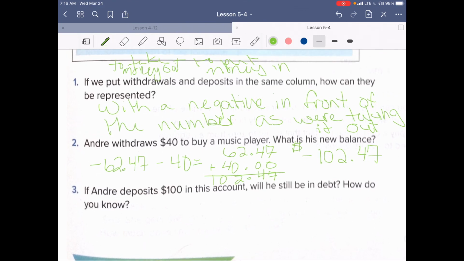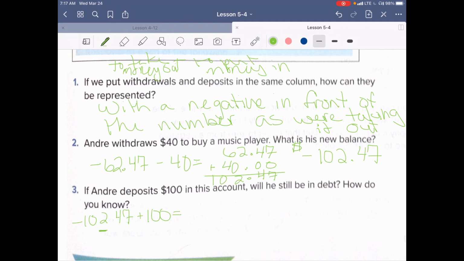If Andre deposits $100 in his account, will he still be in debt? How do you know? All right, welcome back. So if Andre deposits $100 in his account, will he still be in debt? So this is the same as saying negative 102.47 plus 100.